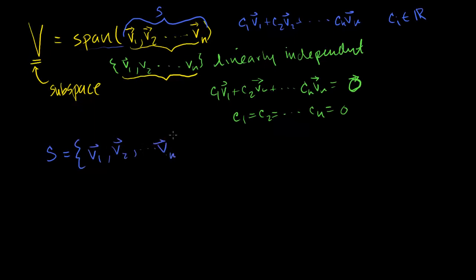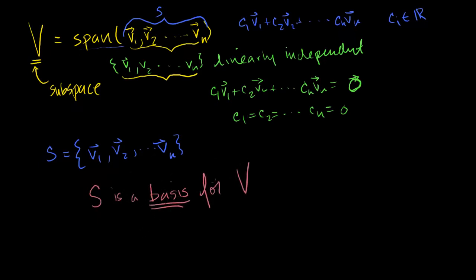It's equal to that set of vectors. We can then say, and this is the punchline, that the set S is a basis for V. And this is the definition I wanted to make.